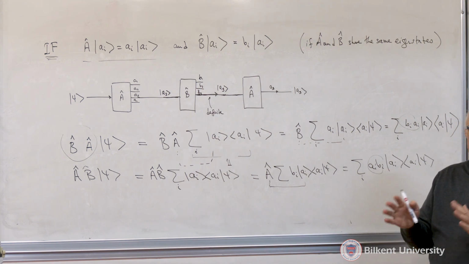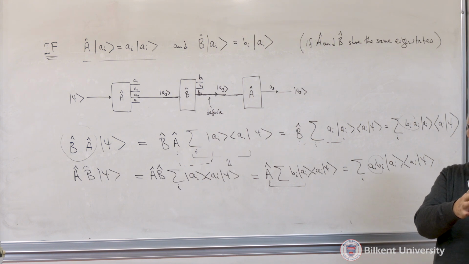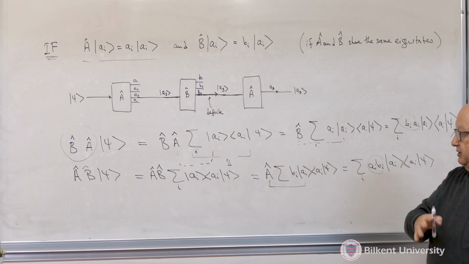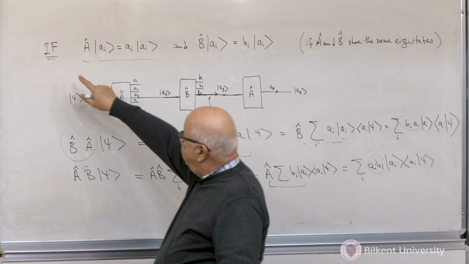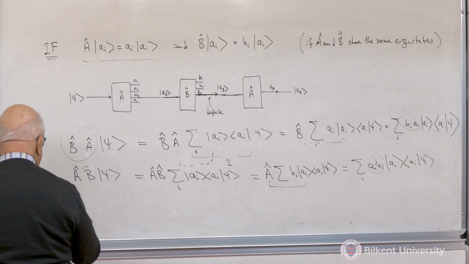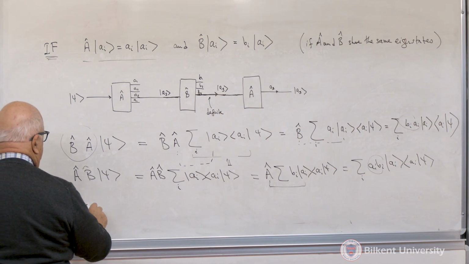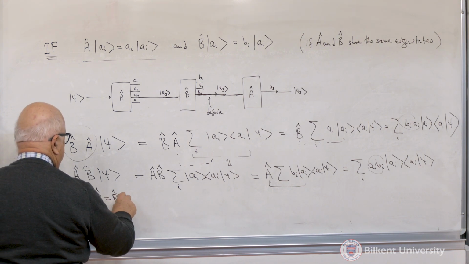So as operators, they are indistinguishable. They take something and give you something else, but the second one does exactly the same thing. So that means if that's the case, then AB equals BA.